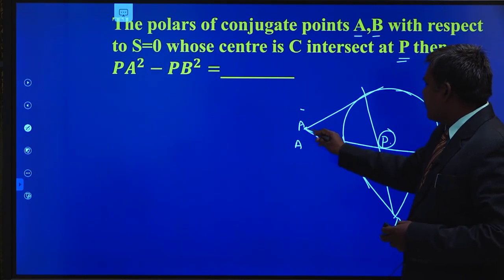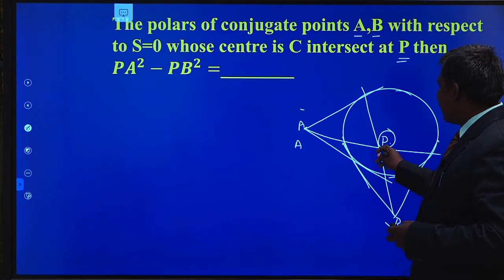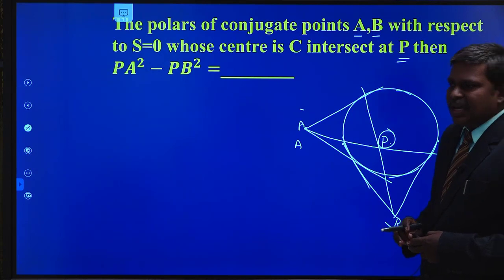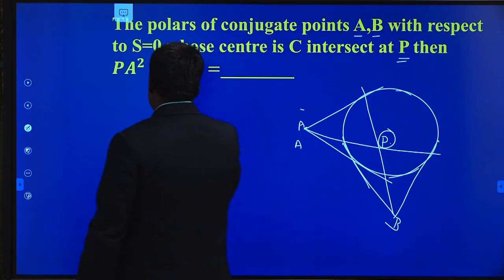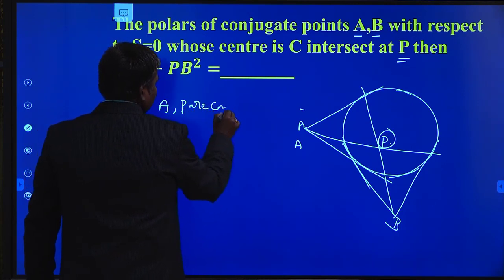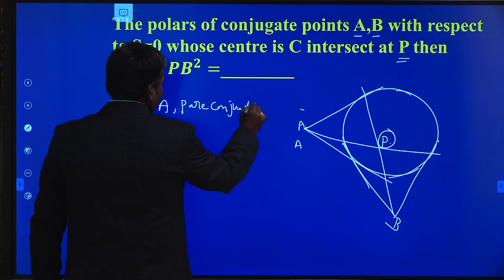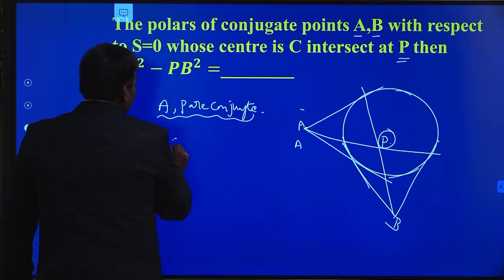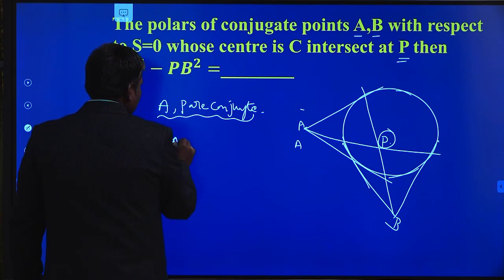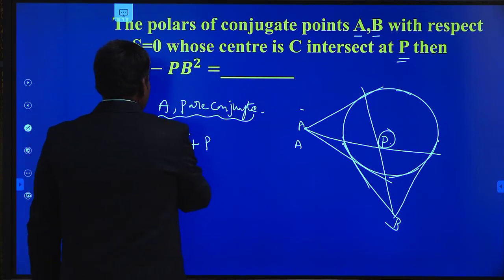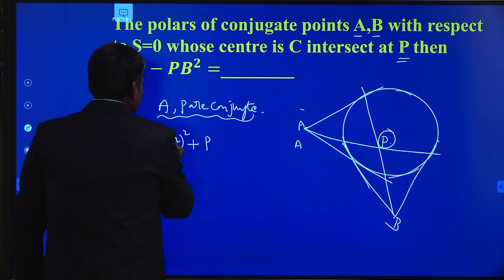Because the polar of A passes through P, the polar of P passes through A automatically. In this case, we say that A, P are conjugate points. That is the interesting point here. A, P are conjugate implies we have CA square plus CP square, this is CP square.